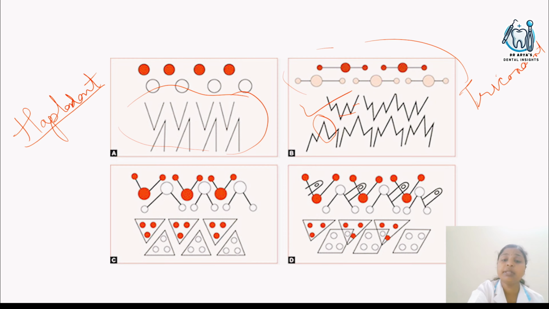So here this is the largest cusp which is centered, and anterior and posterior cusps are there. Purely triconodont dentitions are not seen, although certain breeds of dogs and other carnivores have teeth reflecting the triconodont form.